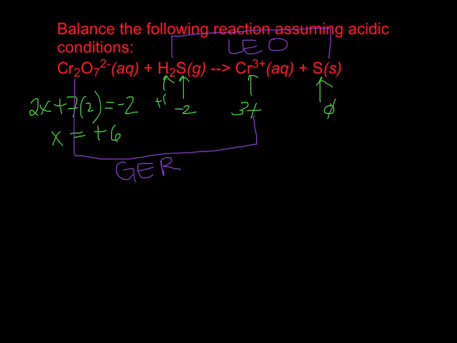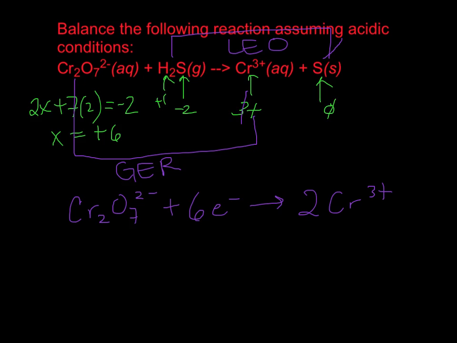All right, so our next step is that we want to set up our half reactions. So we can go ahead and say Cr2O7 2-, we're gaining electrons, and we have 2 chromium atoms that are each gaining 3 electrons, so we need to add +6 electrons to go to 2 Cr 3+.